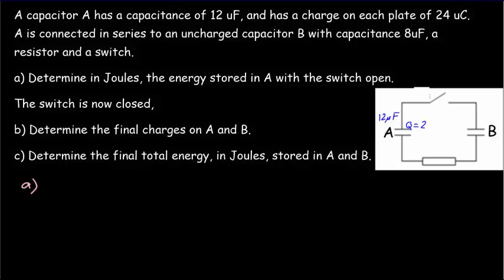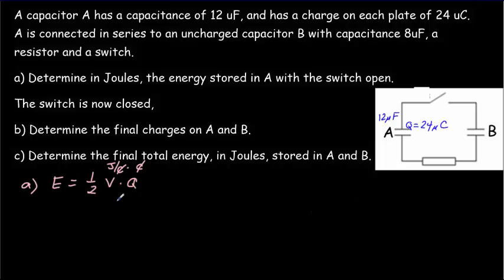It's 24 microcoulombs. Now, I like to remember that the energy stored in a capacitor is equal to 1/2 the voltage times the charge. And the reason for that is because I just remember the units there. A volt is a joule per coulomb. Multiply that by a coulomb, and you're going to get joules of energy.